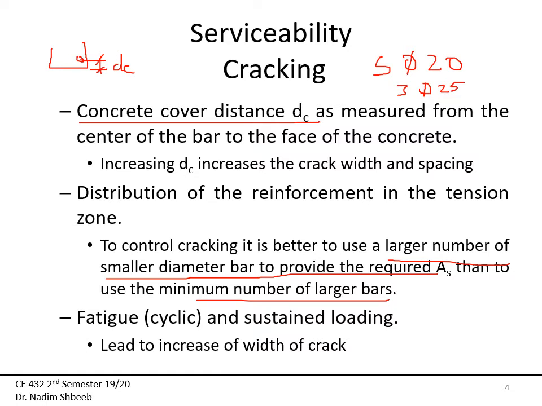By doing that, you're using less spacing between bars. Fatigue also will increase the crack width, especially under cyclic and sustained loading, but in some experiments it was shown that it will not add to the number of cracks developed. It only leads to an increase in the width of the crack.